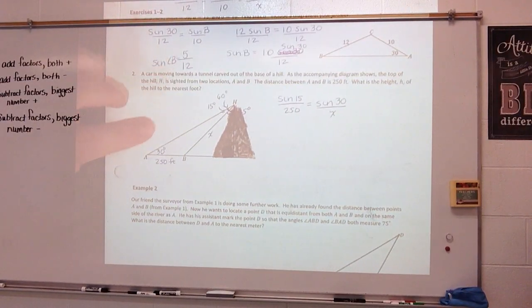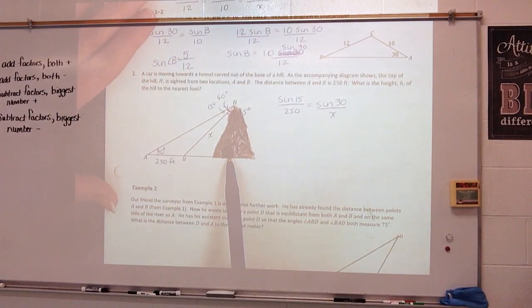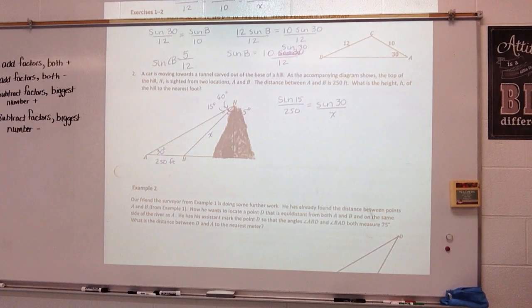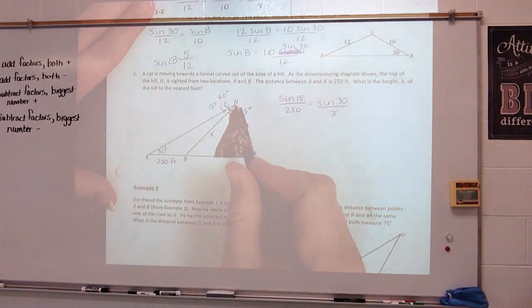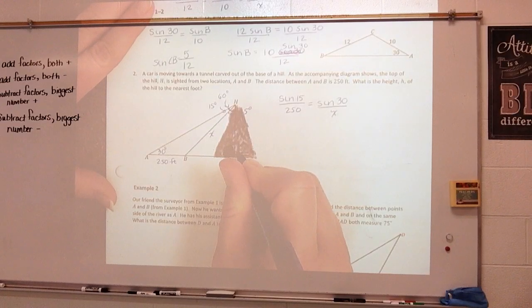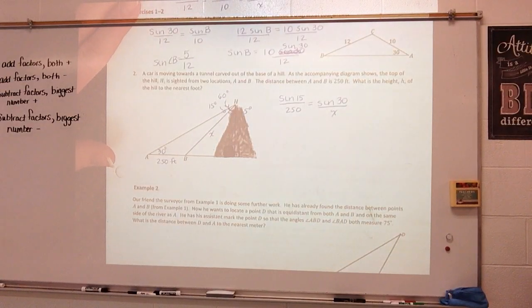And guys, this is a 90-degree triangle, so I know it's a 30, 60, 90 triangle. You can't really see it, but there is a right angle box right there.